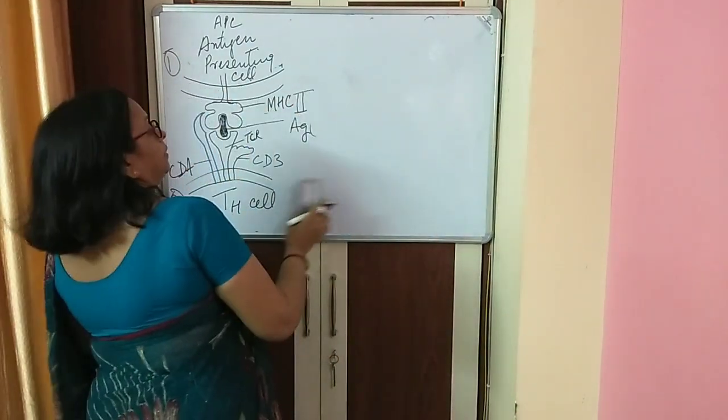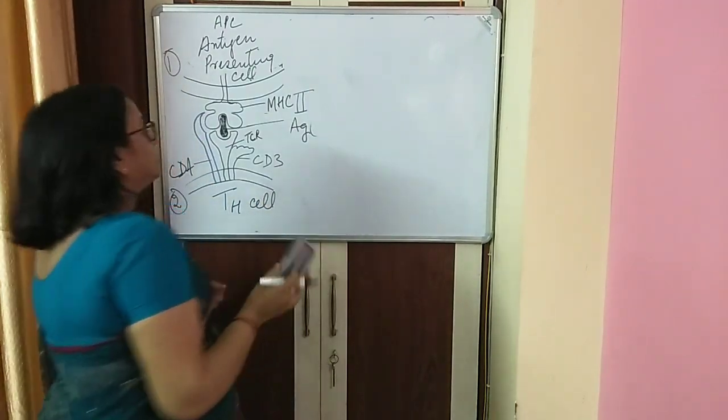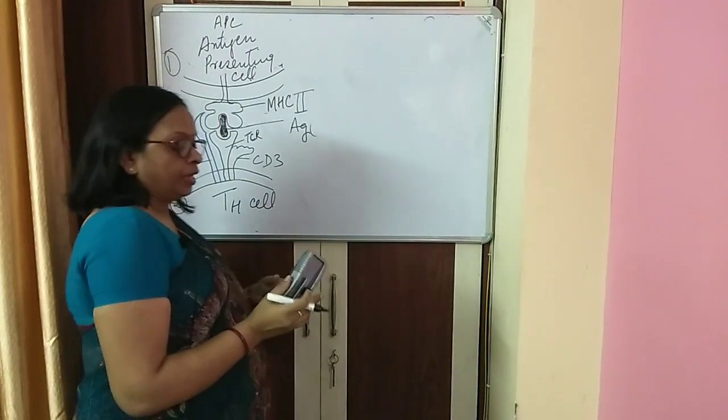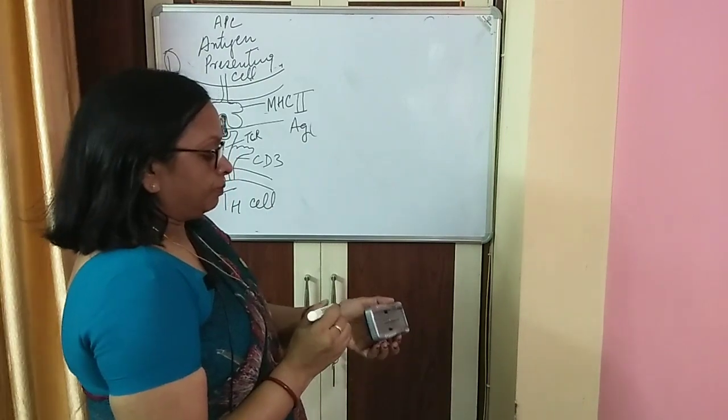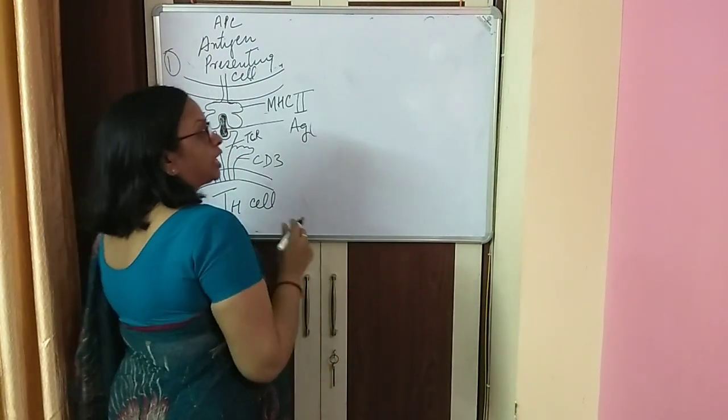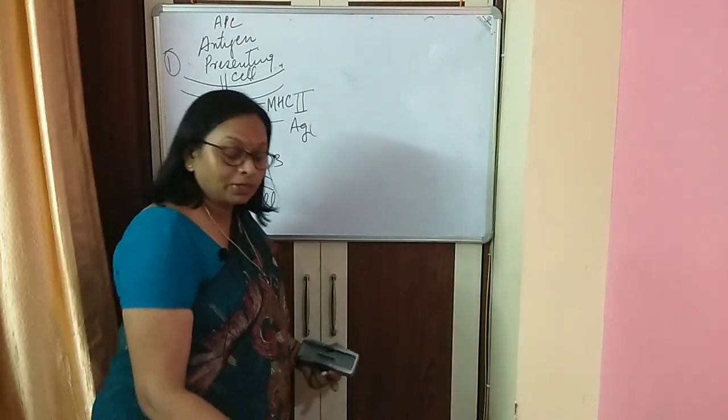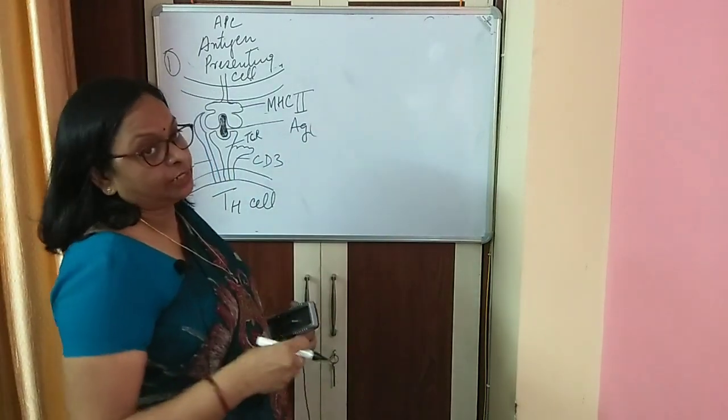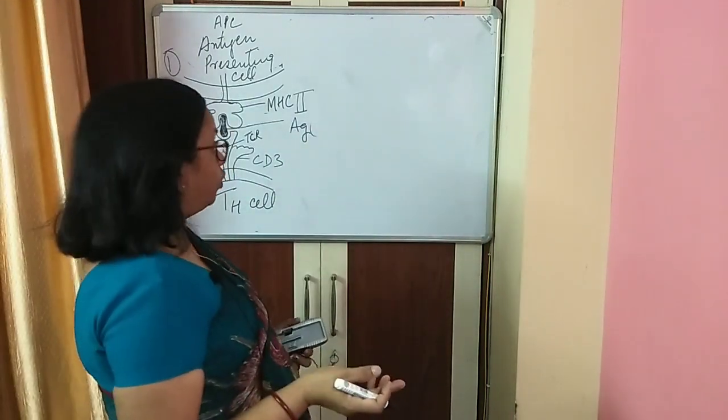Okay. So this is about B lymphocytes and T lymphocytes, how the antigen is being processed and presented, and what types of molecules are involved.